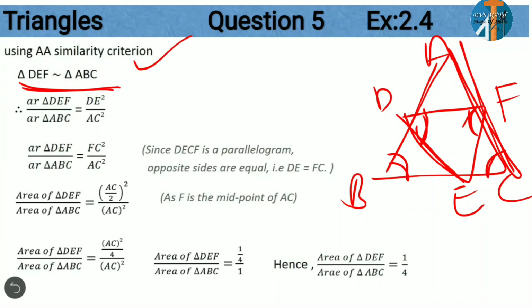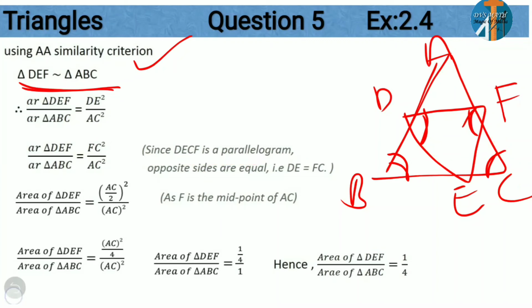But here DE can also be written as FC because they are opposite sides of a parallelogram. So FC means I can take it as half of AC. Right, FC is nothing but half of AC. You can observe the figure clearly.